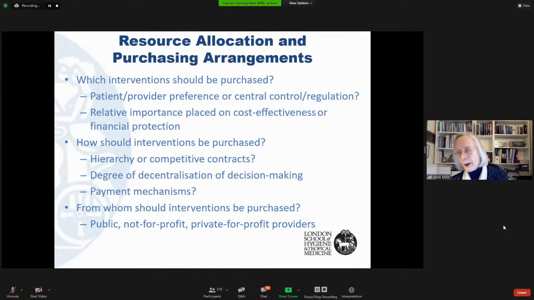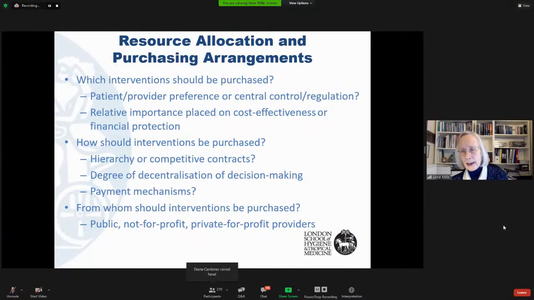So in the UK, for example, with the National Institute for Clinical Excellence, we have a very strong regulation concerning cost effectiveness, not always applied absolutely consistently, but generally the National Institute for Clinical Excellence is essentially the rationing, prioritizing mechanism for deciding whether or not to adopt new drugs or technologies.